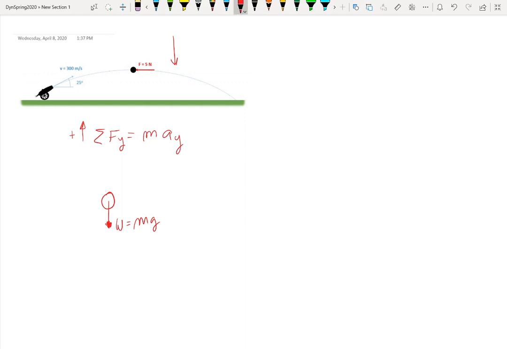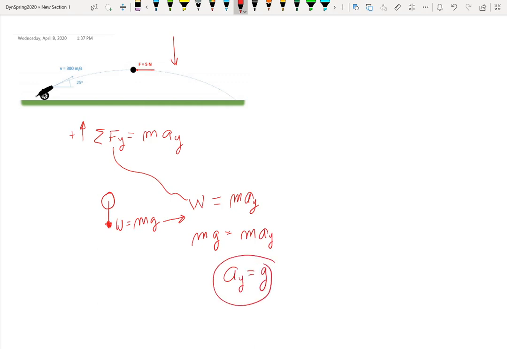So what you get on the left side is the weight, mg, equal to mass times acceleration in the y. Pretty boring, nothing really fancy.